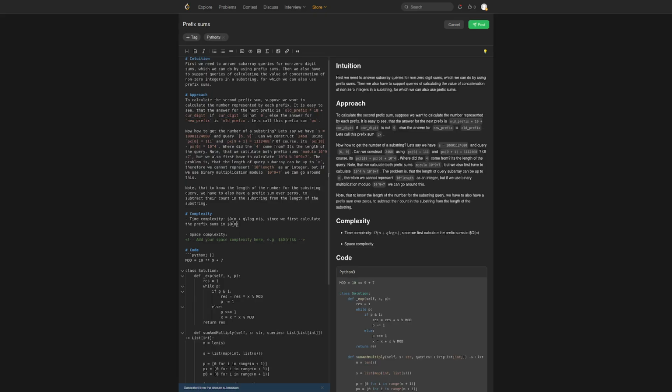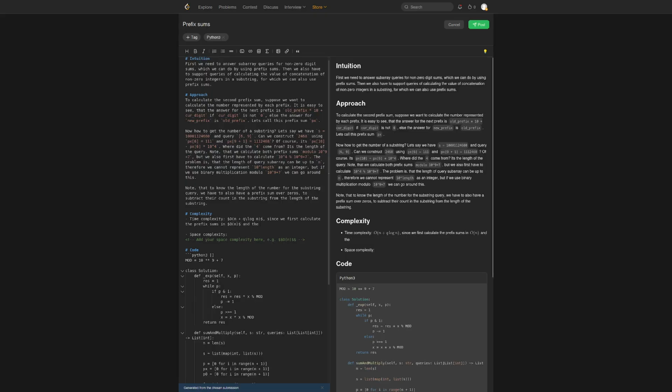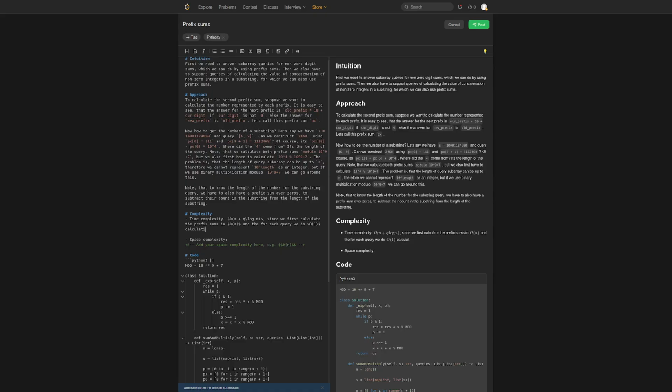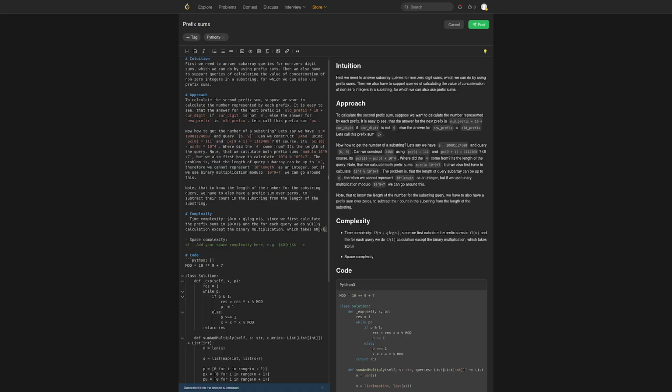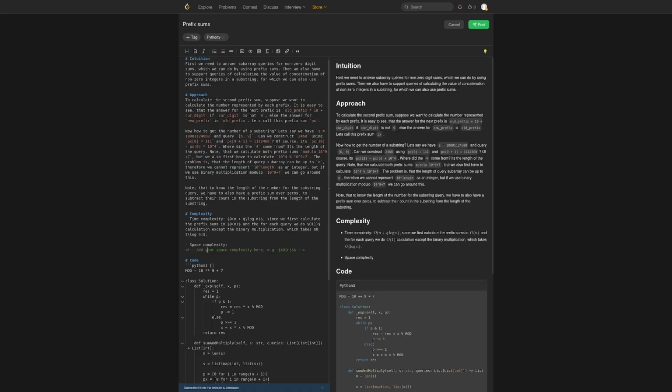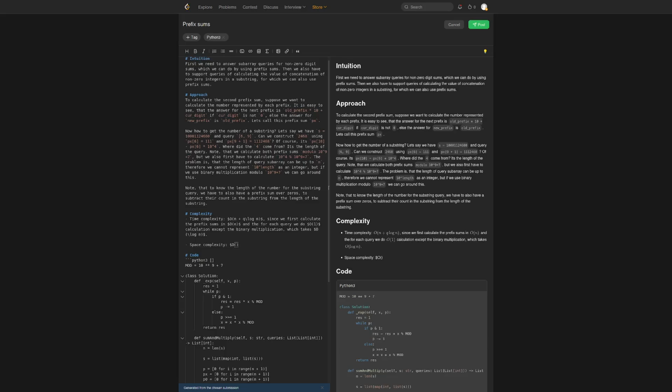Okay, prefix sums in ON, and then for each query we do O1 calculations except the binary multiplication, which takes all of log n. Okay, space complexity is ON since we store multiple prefix sums.